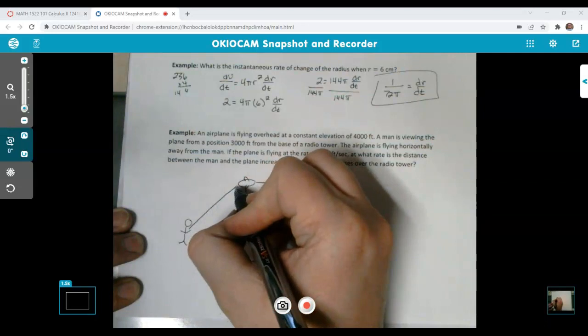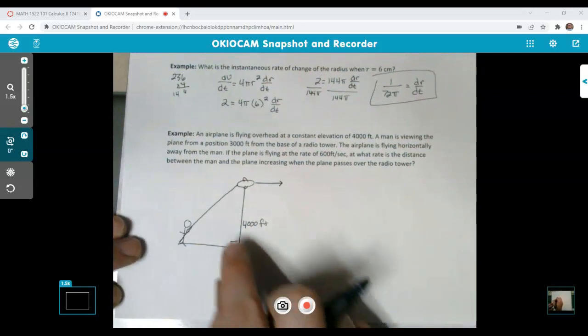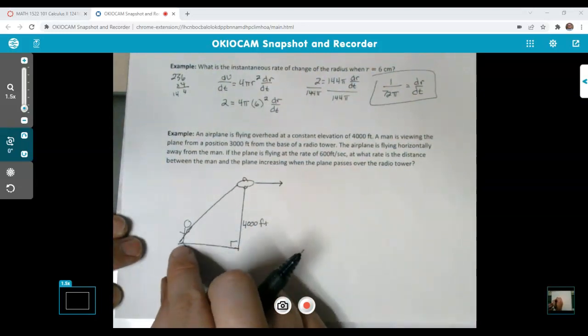So what I can do here is make a right triangle and use that to figure everything out. The distance between the man and the plane is not a constant because this plane is flying, right? It's flying, flying, flying. So this length right here is not a constant.